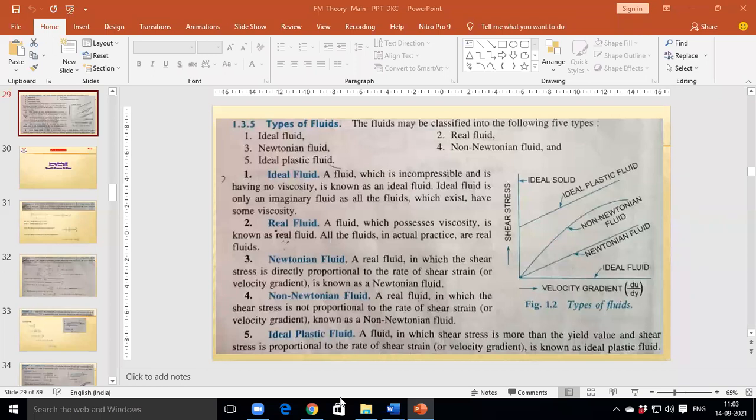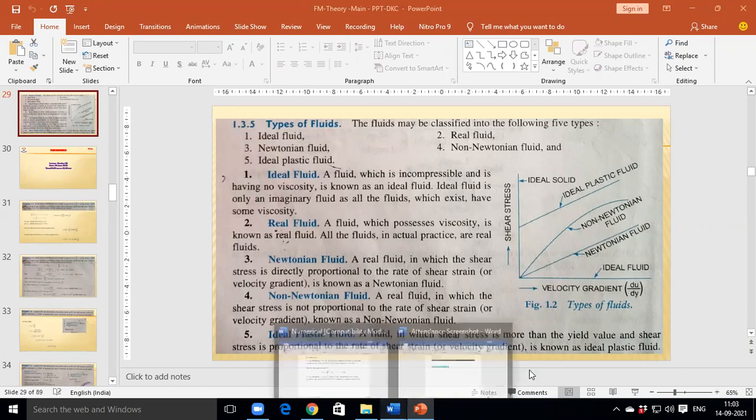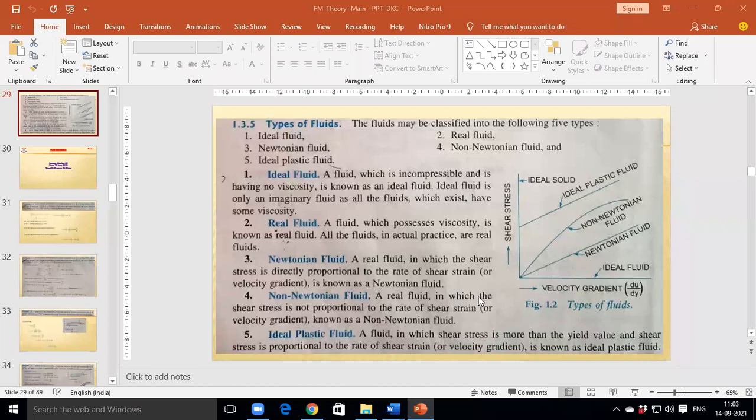Ideal fluid has no viscosity, meaning the viscosity value is 0. What will be the nature of the graph, horizontal or vertical? Horizontal. So the ideal fluid is located on the x-axis.